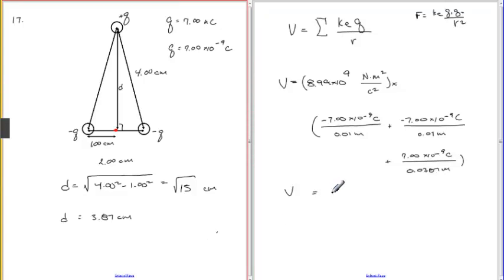And what we get is negative, the actual number is 10,959, but we'll round that off to 11,000. So there'd be 11,000 volts, and therefore we can say that's negative 11 kilovolts. And that's the answer.